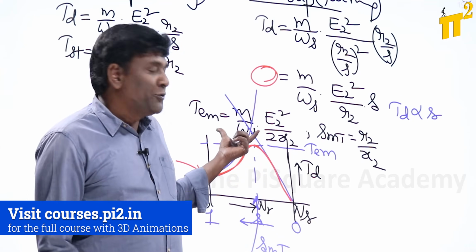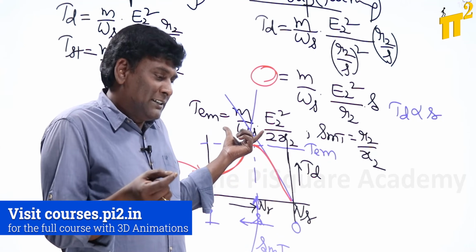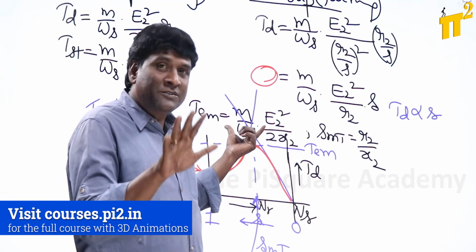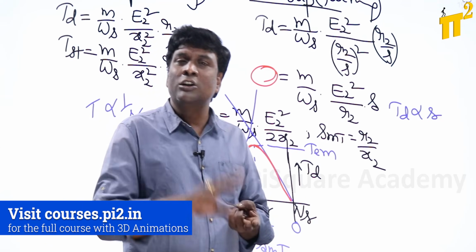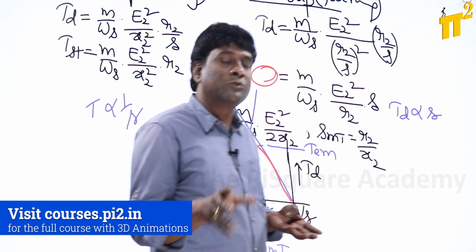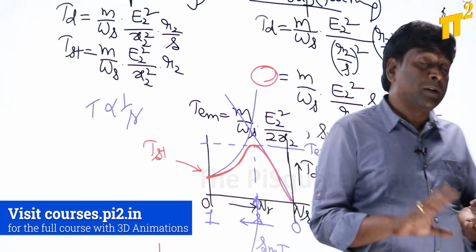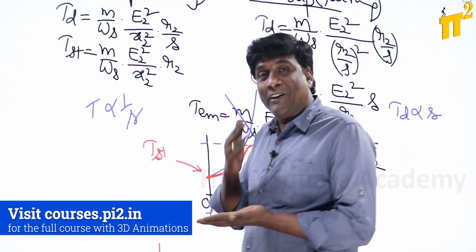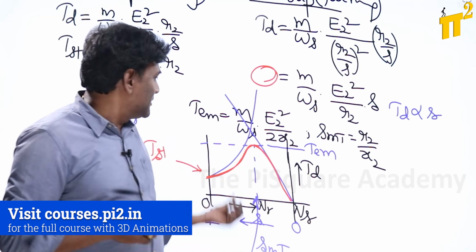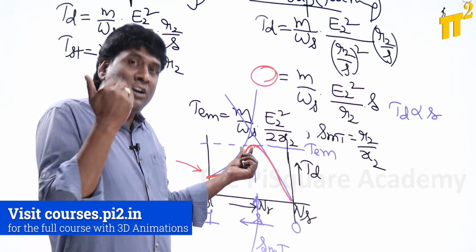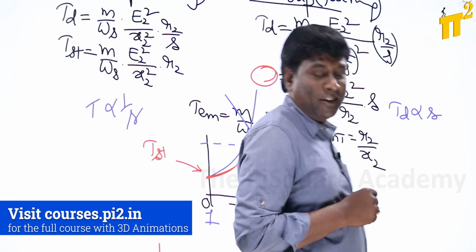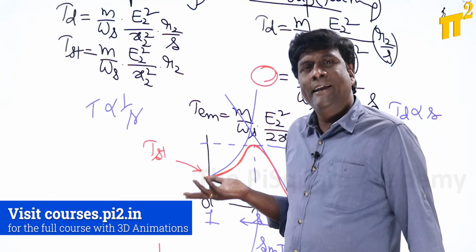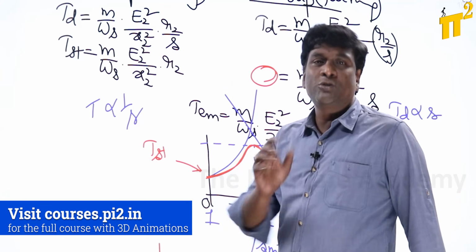For 50 Newton meters it works, for 100, 350, 450 Newton meters it works. For 500 Newton meters also it works, because of pull out torque. Beyond 500, if the load requirement is 600 Newton meters, it cannot deliver, and my rotor will stop.